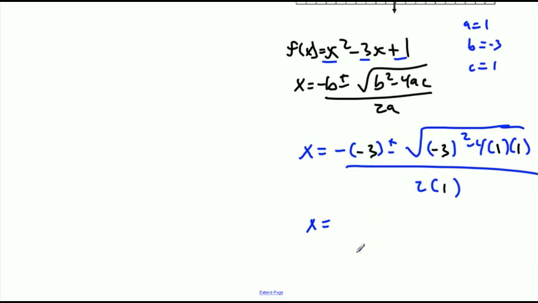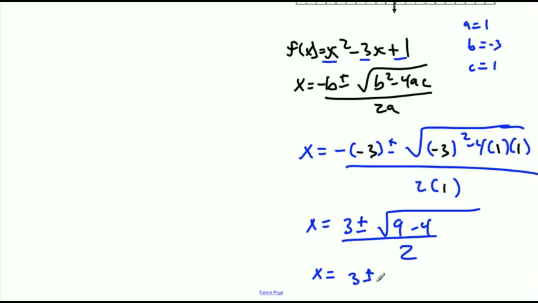Negative, negative gives us a positive, so that's 3 plus or minus the square root. Negative 3 squared gives us 9, and then minus 4, all over 2. So we get our 2 roots: 3 plus or minus radical 5 all over 2. And those are our 2 roots.